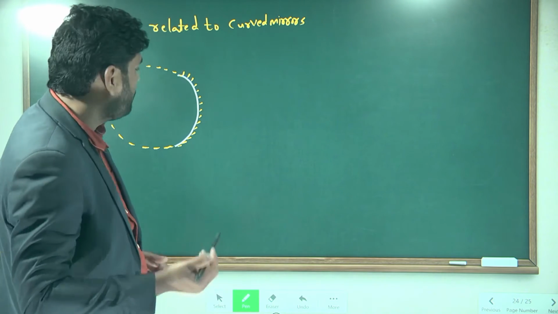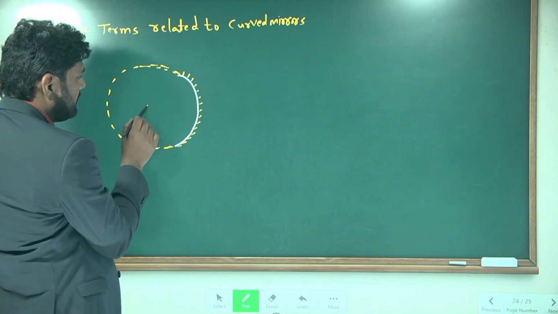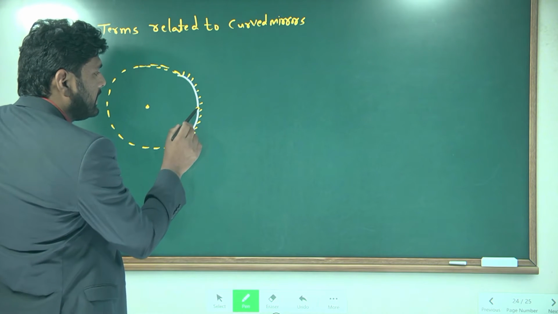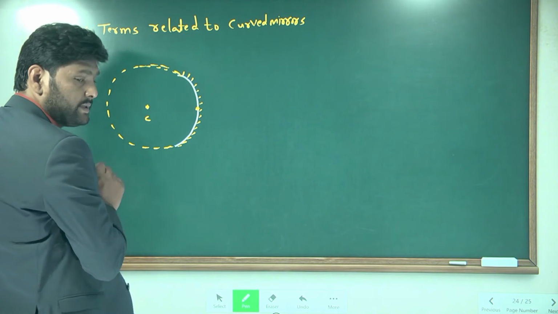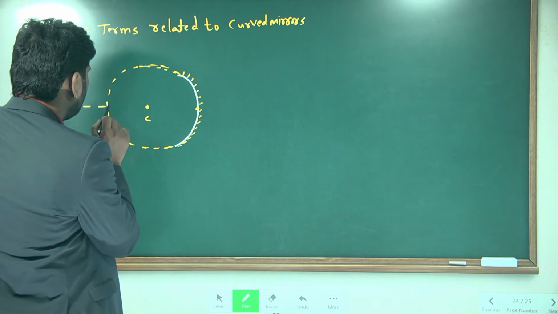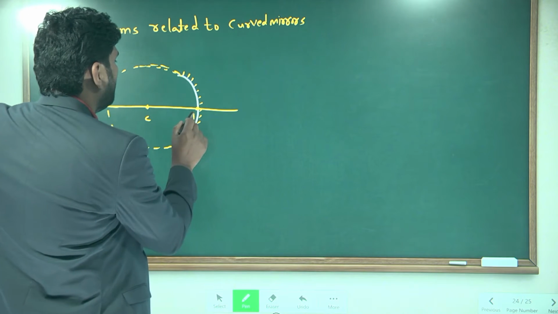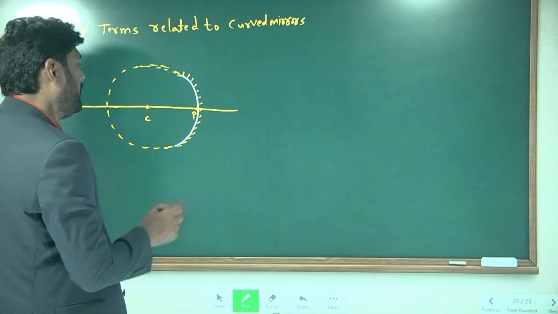Understand? Now for this surface, we have a center, and this part is called the pole. This is called the center of curvature, and this is a line passing through the center of curvature and the pole.